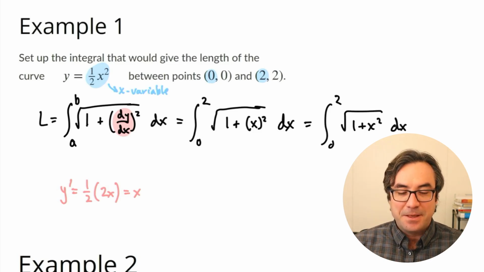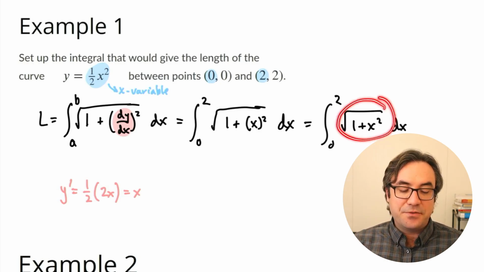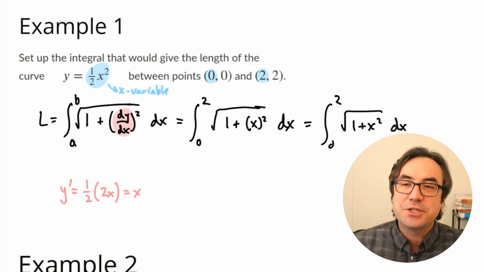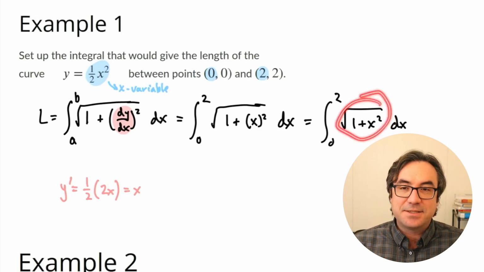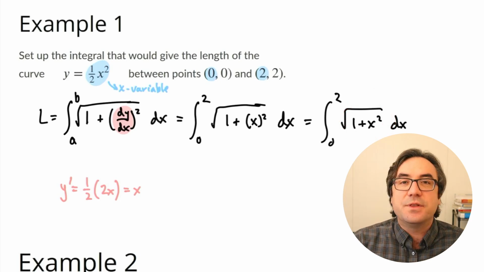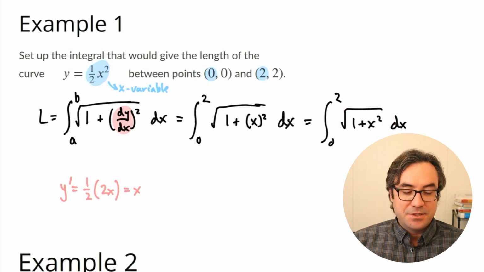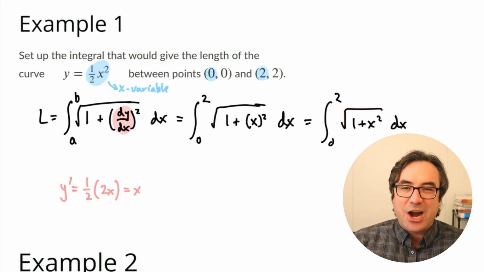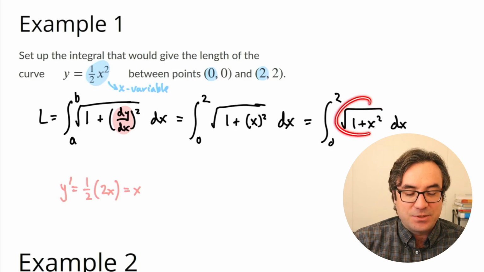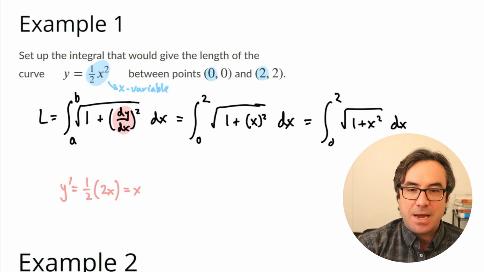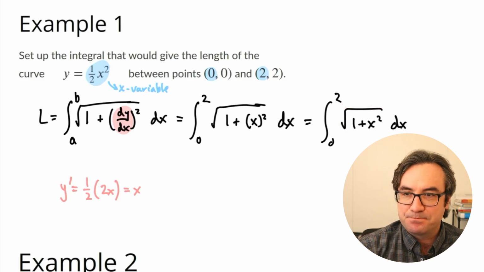All right, so this one is just setting up the integral, and this is kind of a preview of things to come. We're going to get into more integration techniques. At this point, we haven't learned the technique for how to do this. Square root functions are notoriously tricky to integrate, and this is one of those things where we actually can't do this one yet.